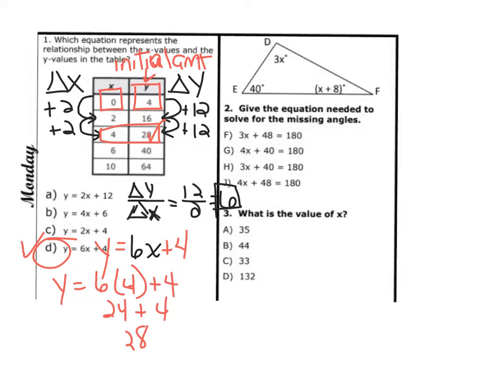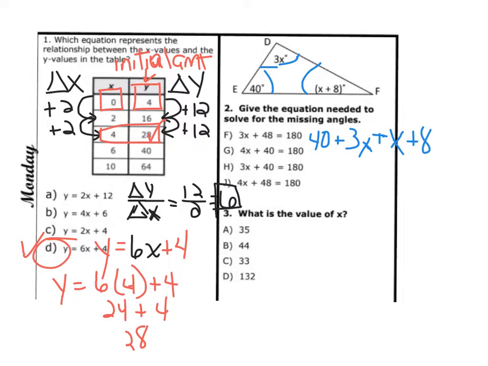Now let's look at number 2. Number 2, remember all the angles in a triangle equal to 180 degrees. So you write the equation as 40 plus 3x plus x plus 8.